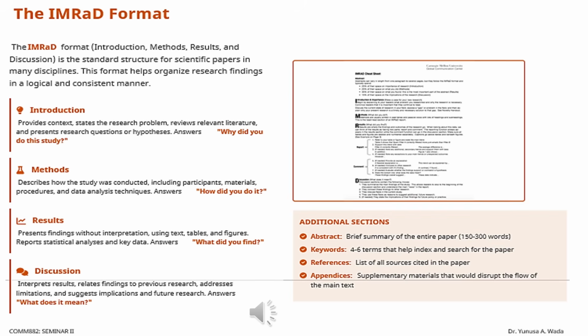It is widely used in natural and health sciences, mostly to present original research in a clear, logical, and standardized way. And some of the essential components of the IMRAD structure include one, the introduction.